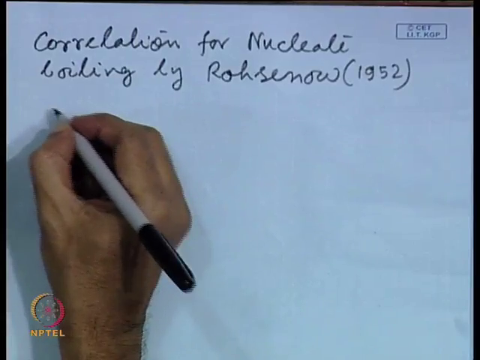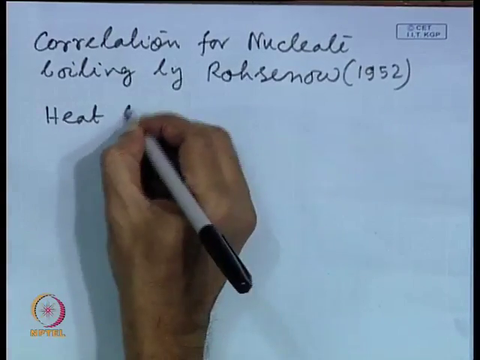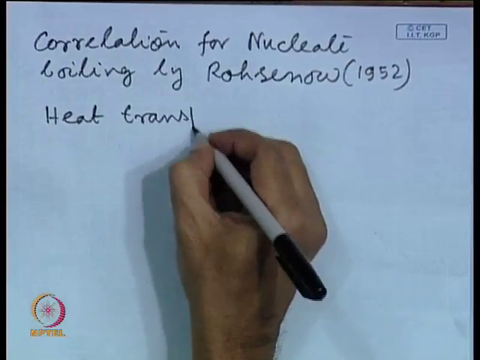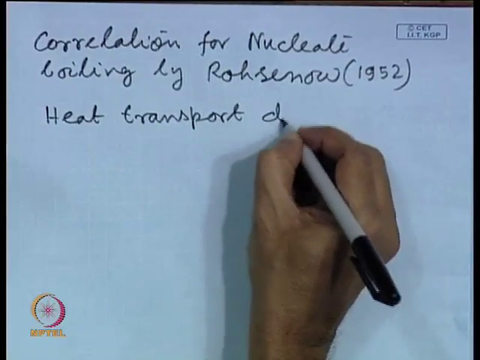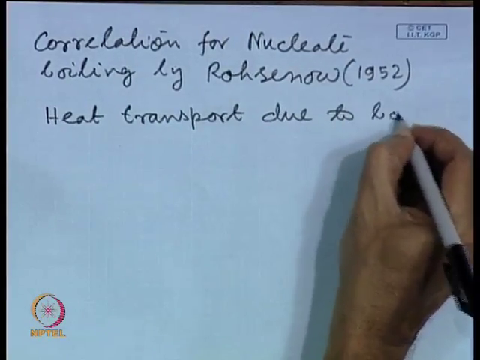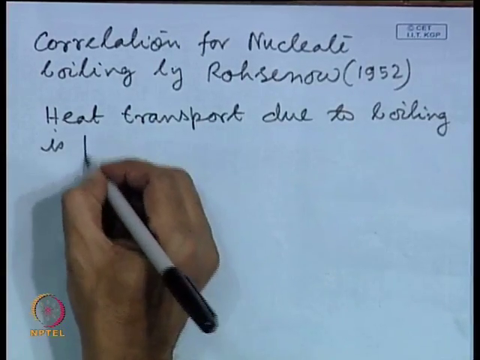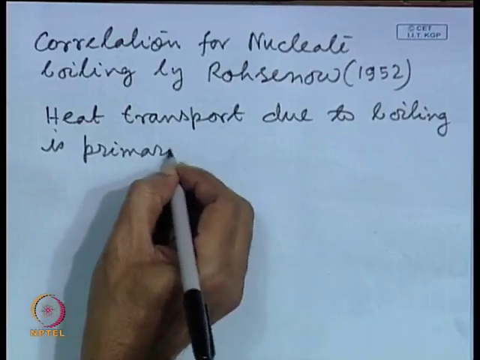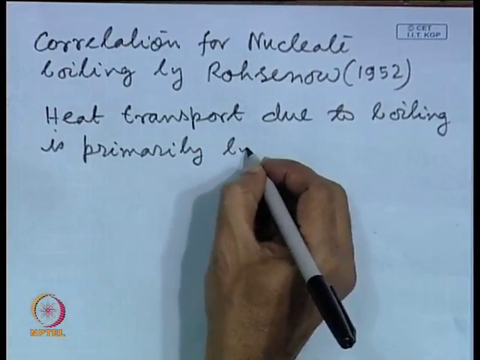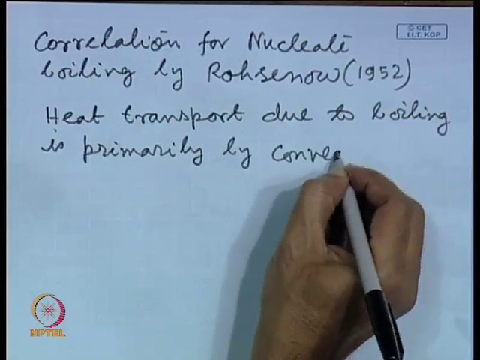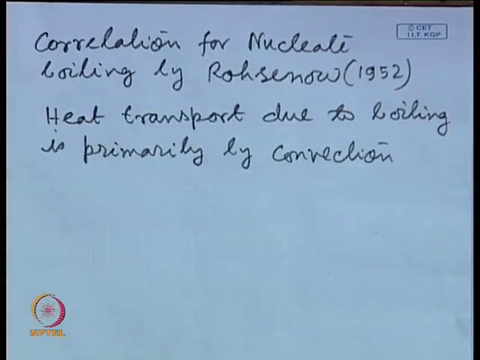So, if it is similar to the convection process, then let me write: heat transport due to boiling is primarily by convection. So, if this is by convection, then the laws of convection should be applicable to boiling heat transfer also.